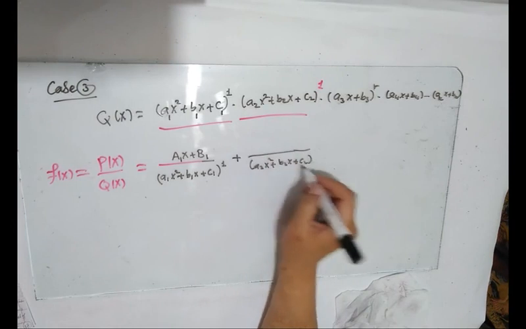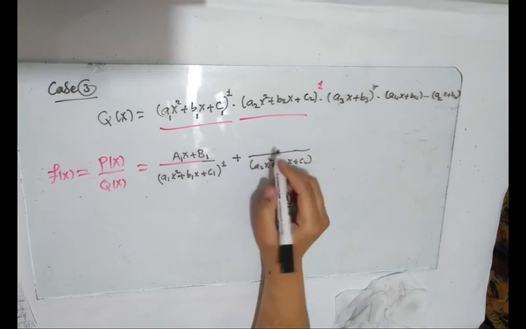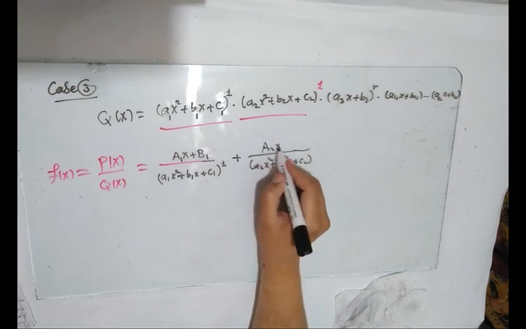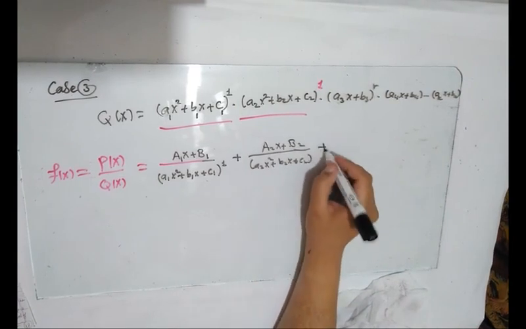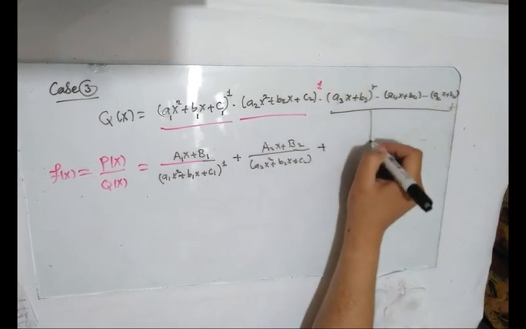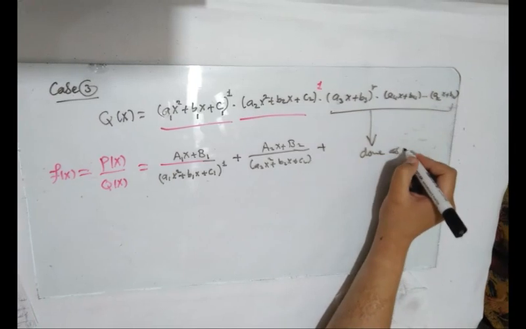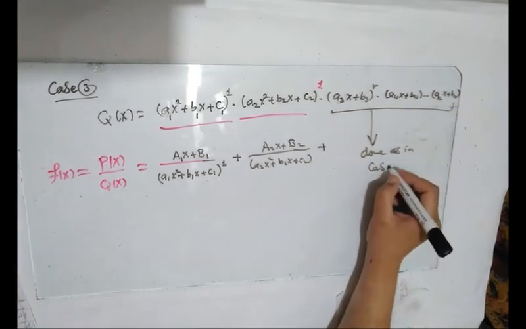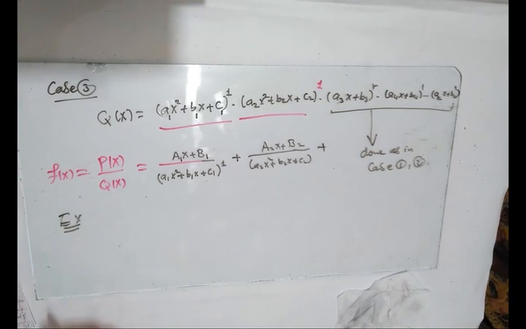And in the numerator, again, the factor is a quadratic expression, so you have to write a linear one, a2x plus b2, and then the other factors will be done as in cases 1 and 2. Okay, so let's see an example to understand this situation.